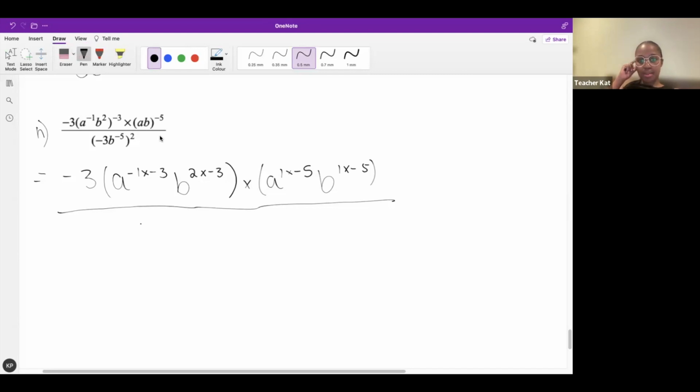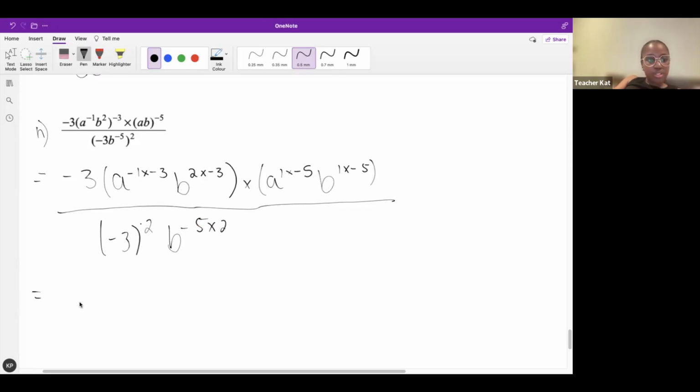Okay, it's inside my bracket, which means it also gets an exponent of 2. So then I'm going to have -3 squared and b to the power of -5 times 2.